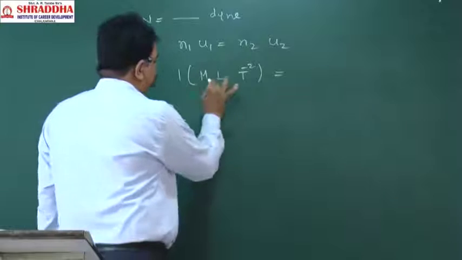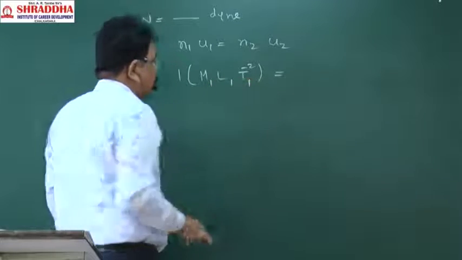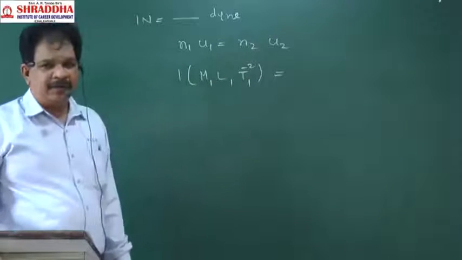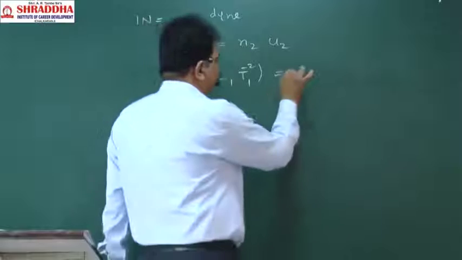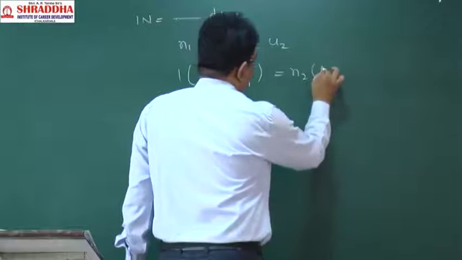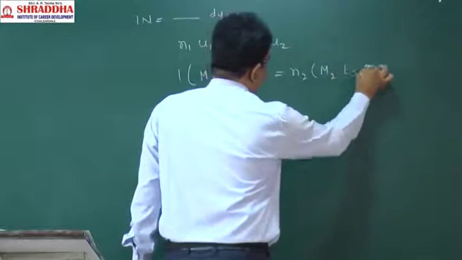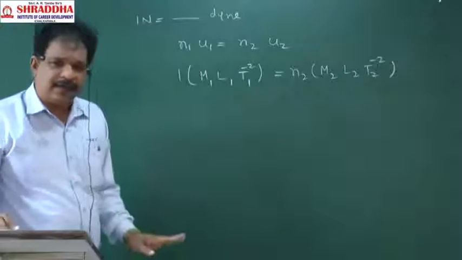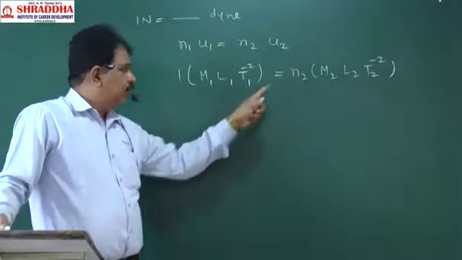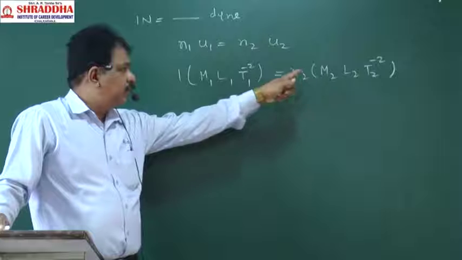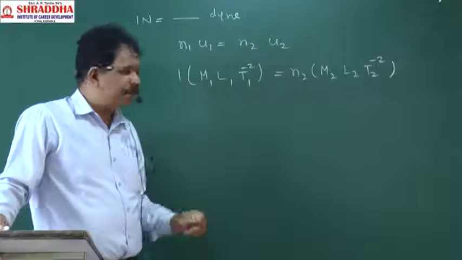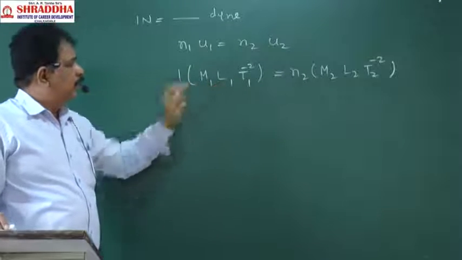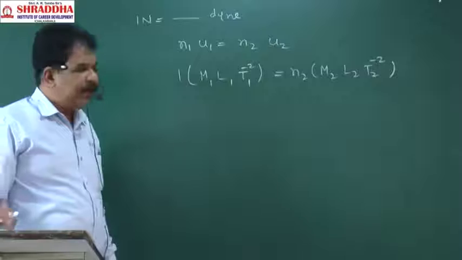So write M1 L1 T1 power minus 2. For N2 also M2 L2 T2 power minus 2. Clear? Simple only. So here M2 L2 T2 power minus 2, and here M1 L1 T1 power minus 2.